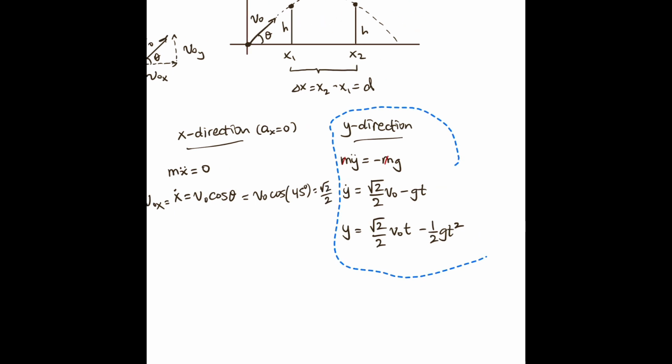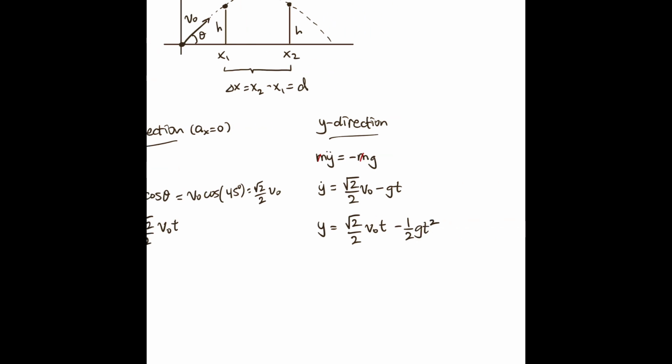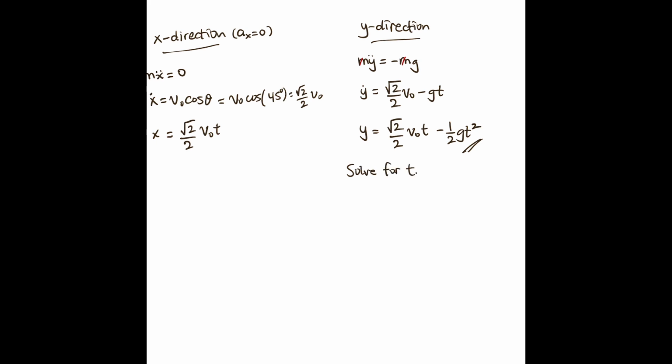It's going to be v0 cosine of 45 degrees, which is just radical 2 over 2 v0. Then if we integrate that with respect to time, radical 2 over 2 v0 t.